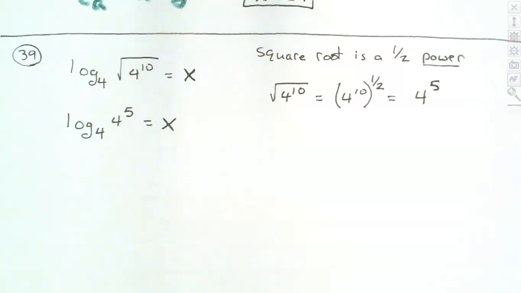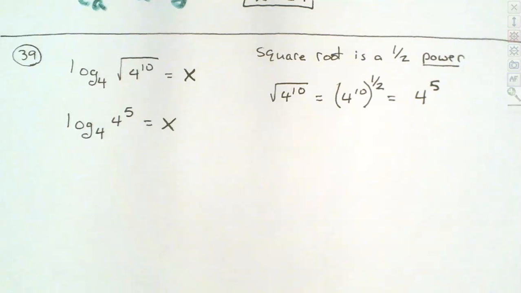Is everyone okay with that? So we took our square root. Whenever you have a square root, you can rewrite that square root as a half power. And so that just halves that 10, and that makes it a 5. Now we can convert it, and we should have no trouble solving it out. And there's other ways of working these out also, using some of the rules of logarithms. But we're just going to try to work with it by conversion.